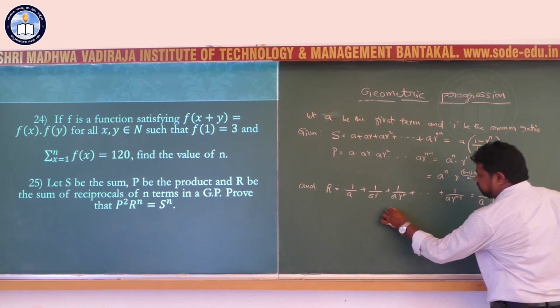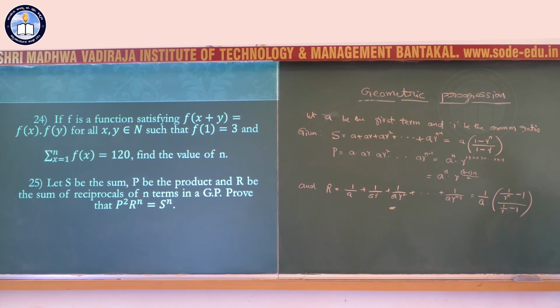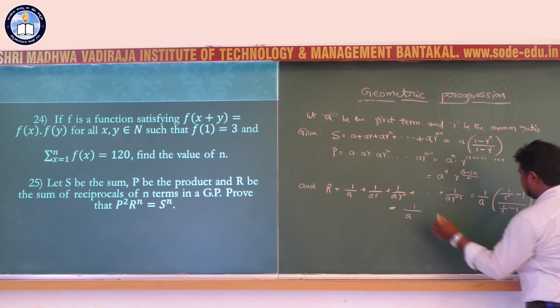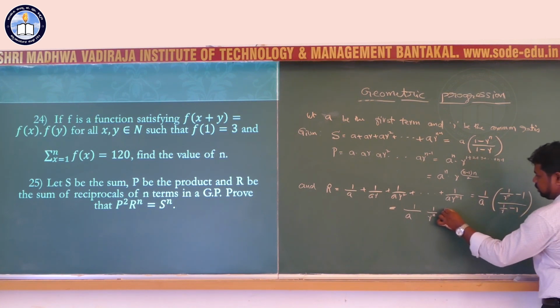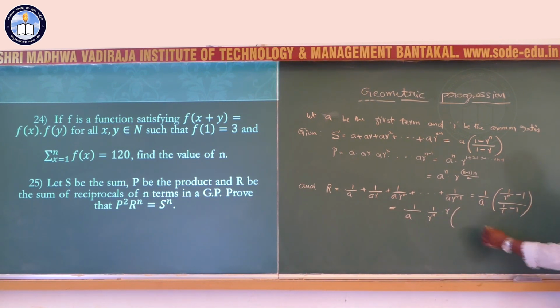I simplify, I take LCM, here denominator R power n, here denominator R. That is equal to 1 by A into 1 by R power n into R, into 1 minus R power n divided by 1 minus R, that is equal to 1 by A into R power n minus 1 into 1 minus R power n divided by 1 minus R. That is the capital R, sum of the reciprocals of n terms of the geometric progression.